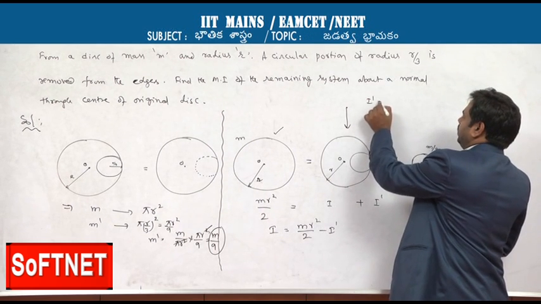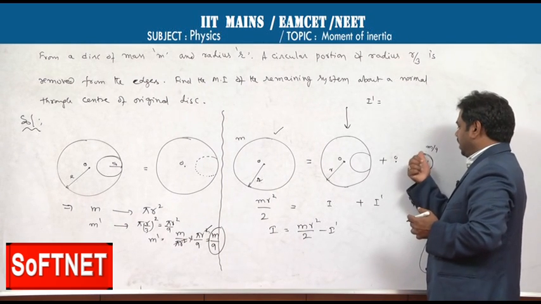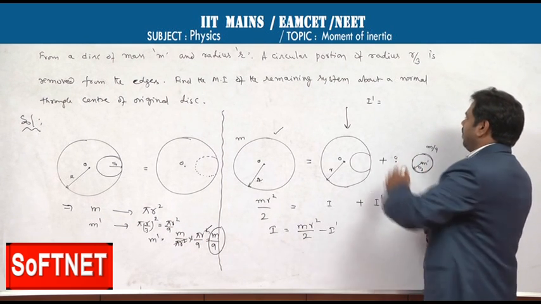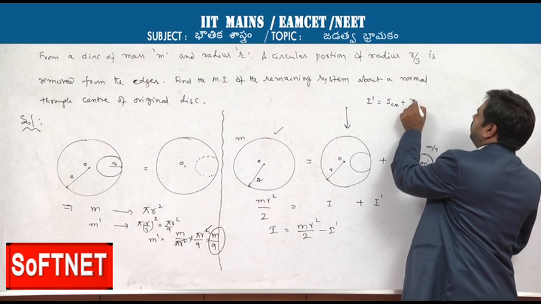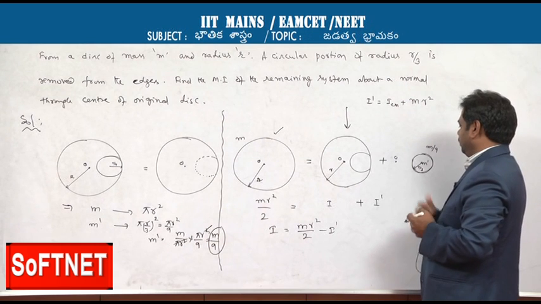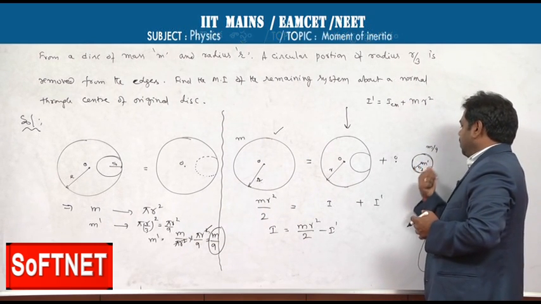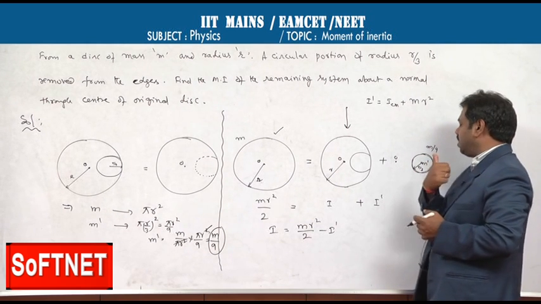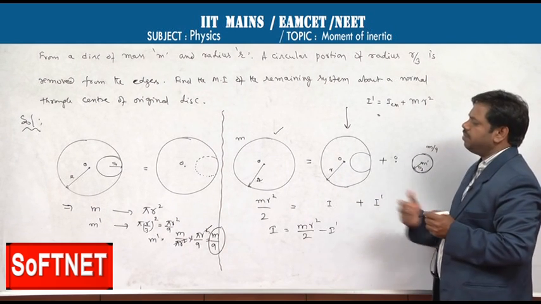I dash is equal to the moment of inertia of this removed part about this axis. I will apply the parallel axis theorem: ICM plus mr square. ICM is for the parallel axis passing through the center of mass. For a circular disc passing through the center of mass and normal to the plane, already you know its value is equal to mr square by 2.